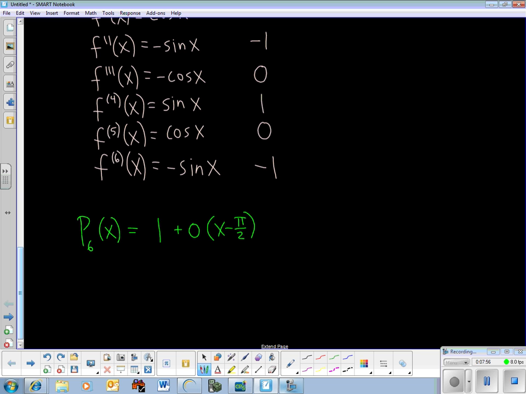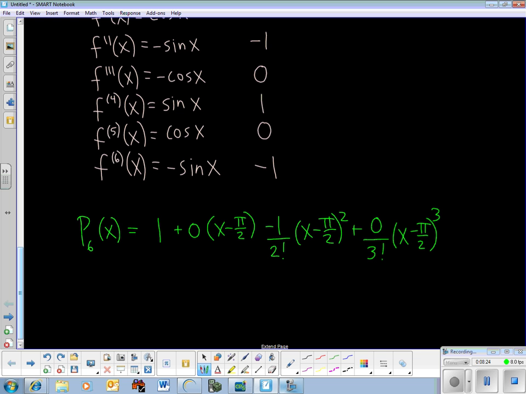Okay? My second derivative is negative 1. This term has a 2 factorial on the bottom, and my x minus pi over 2 gets raised to the second power. Second derivative, second factorial, second power. The next one is 0. Third derivative, 3 factorial, third power.